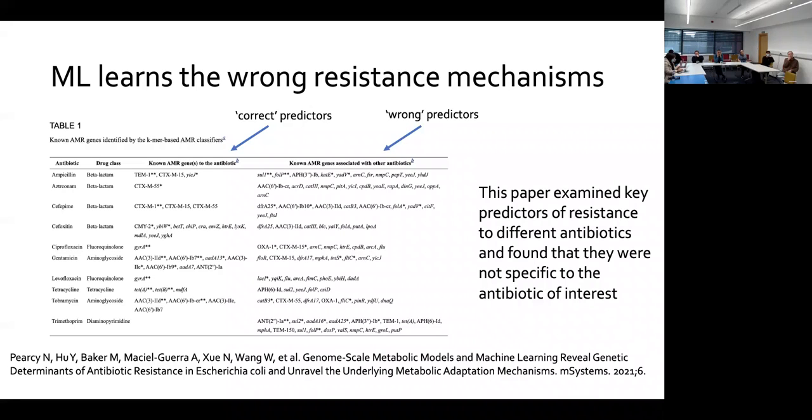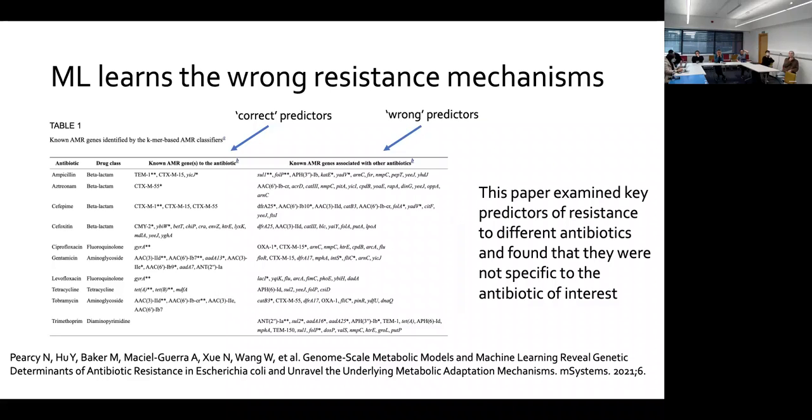So in this paper, some researchers trained an algorithm to predict resistance to a panel of antibiotics, and then they looked at the top predictors that the algorithm was using to predict resistance to each drug, and they partitioned them out into mechanisms that we know are real and are actually associated with that drug versus mechanisms that we know do not cause resistance to that drug, they cause resistance to a different one. And they found that a lot of the time the algorithm was learning more wrong predictors than right ones because all of these traits are correlated and it's really hard to tease them apart.